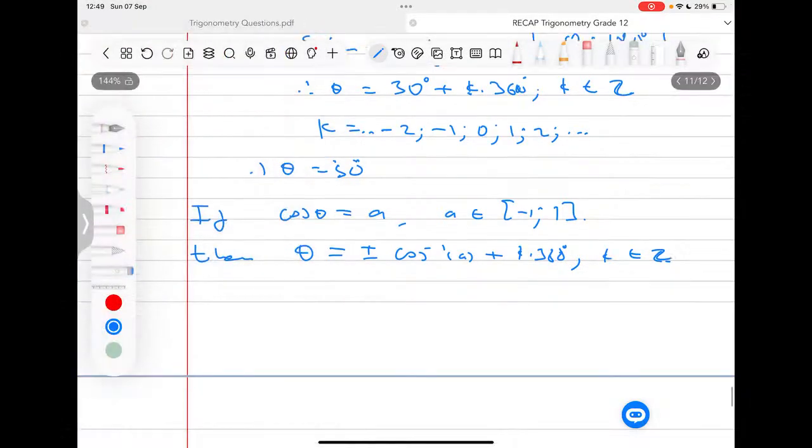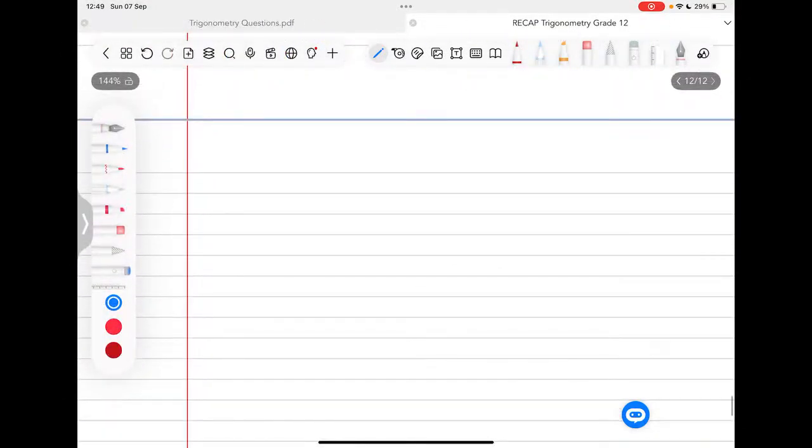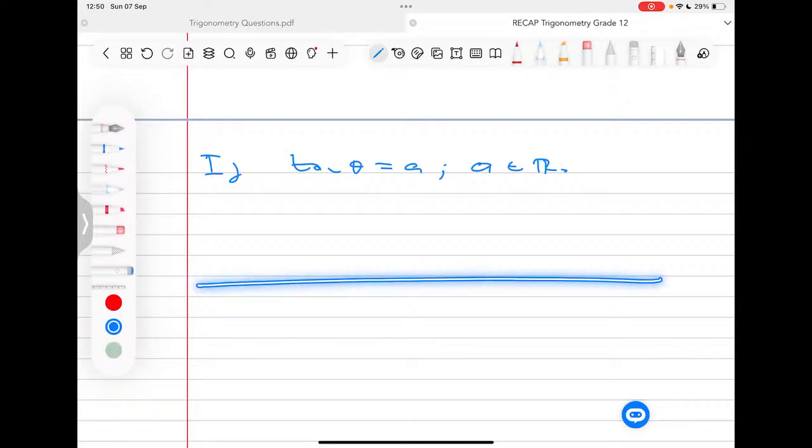Then the last bit of it that you will get will be if you have tan theta being equal to A, and they then say here we have A to be an element of real numbers. Now here our A is not restricted to -1 and 1. Why is that the case? Because if you remember our tan graph, it goes like this.